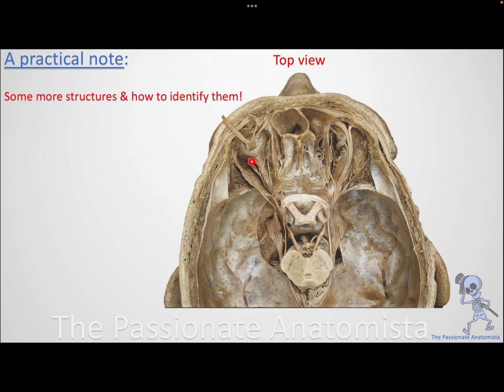But if we remove the structures outside, we can see the muscles on the side, okay, which are the nerves that supply those muscles themselves. So if I know that this is lateral rectus, then I know that the nerve that supplies it is the abducent, okay? If I know that this is superior oblique muscle, then the nerve that goes to it is the trochlear, okay? And we already talked about the ophthalmic divisions.